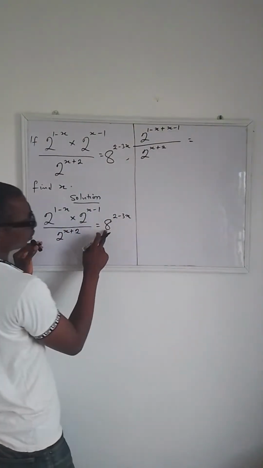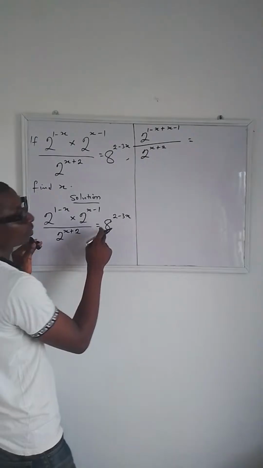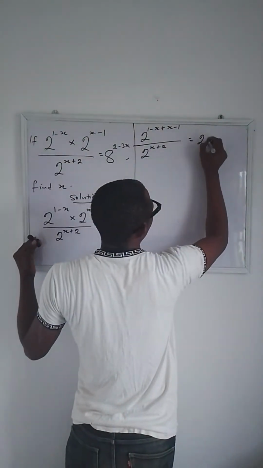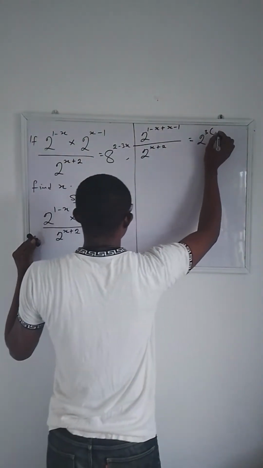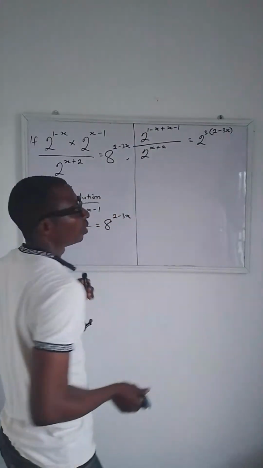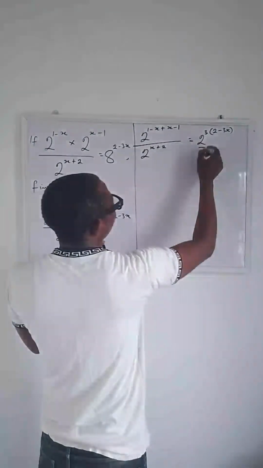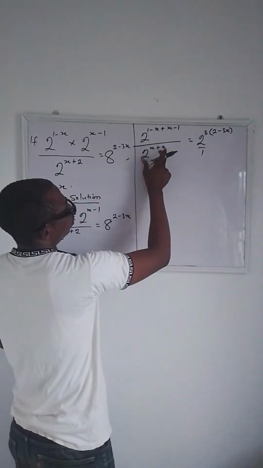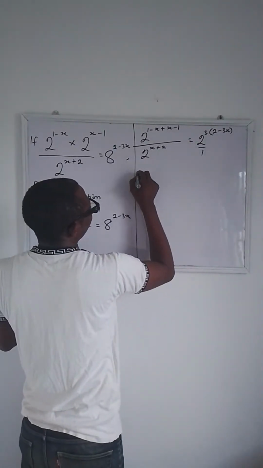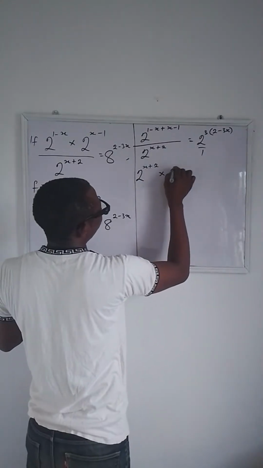equals to, now you can express this in index form. 8 is the same thing as 2 raised to the power of 3, and we have 2 minus 3x. Okay, so now the next thing is to cross multiply. So we have 2 raised to the power of x plus 2 times 2 raised to the power of 3.